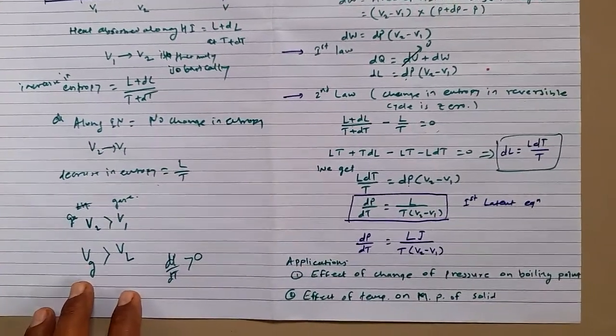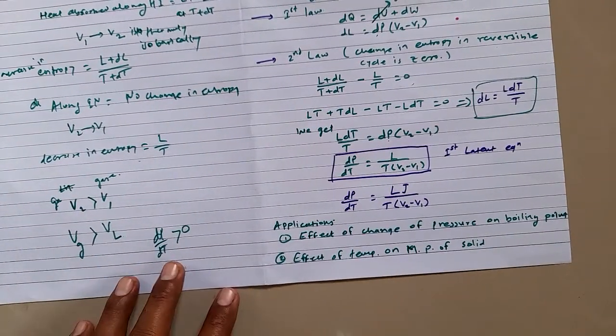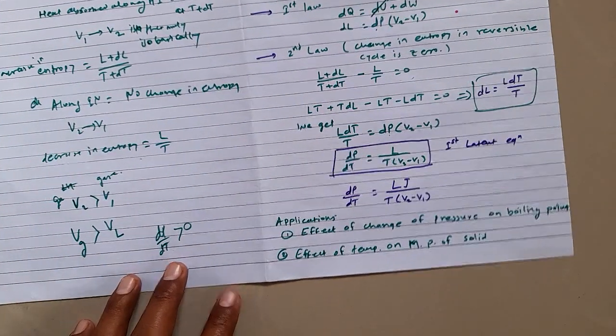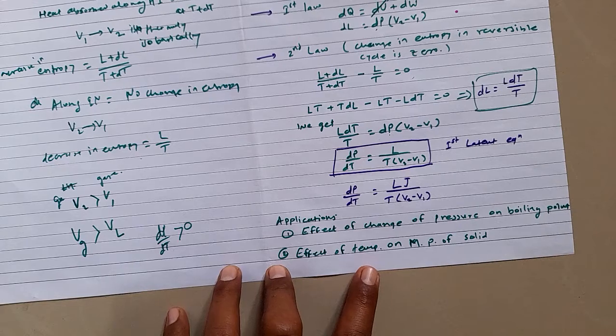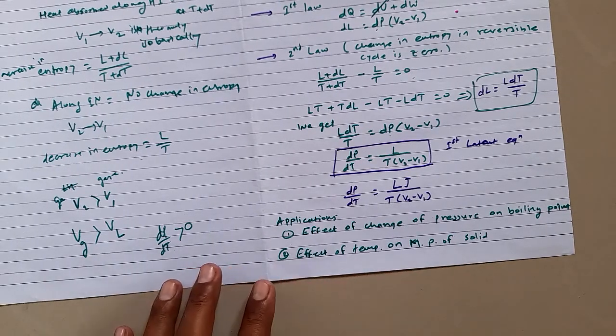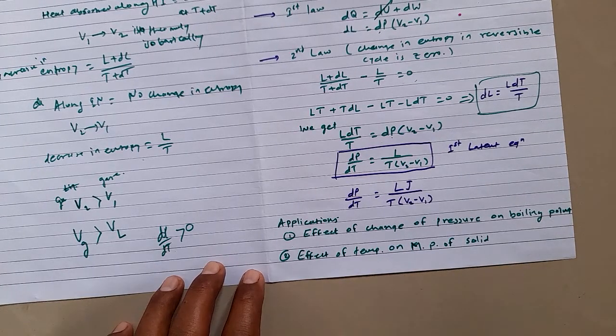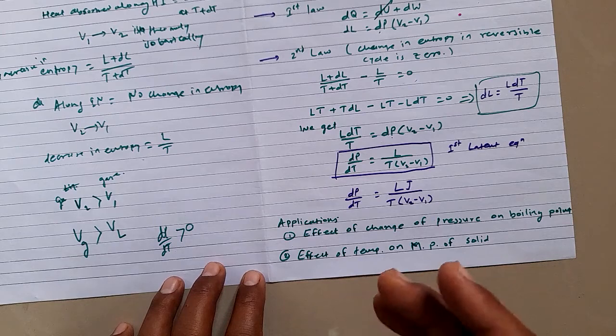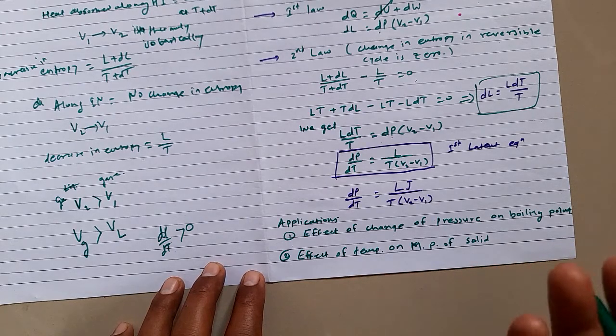Another application of this equation is the effect of pressure on the melting points of solids, right? When a solid is converted into a liquid, obviously there is a change in volume. In this case there are two possibilities: the volume of the liquid is greater than the volume of the solid, or vice versa.